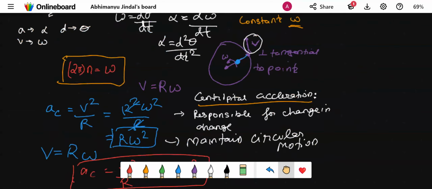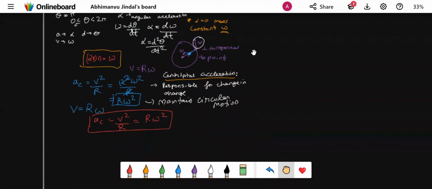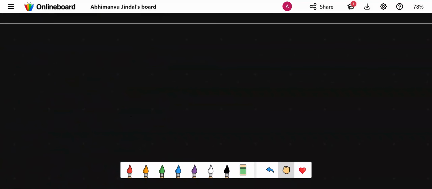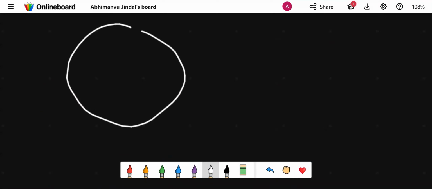Very, very important. This was a little bit of kinematics, and a lot of questions are asked from this, so don't take it lightly. Now let's come to net force towards the center in a circular motion.